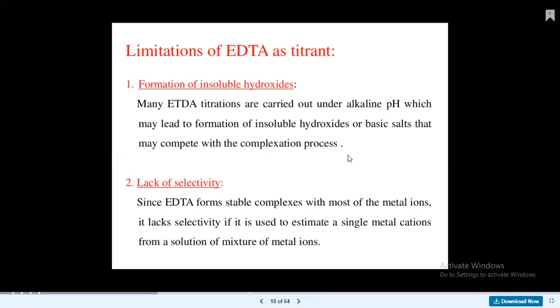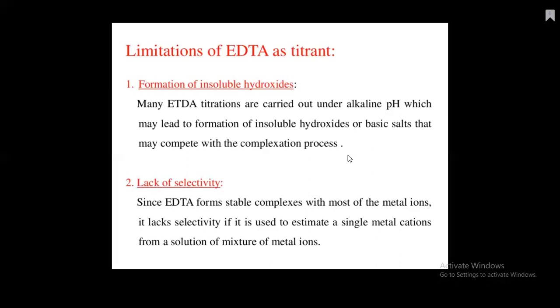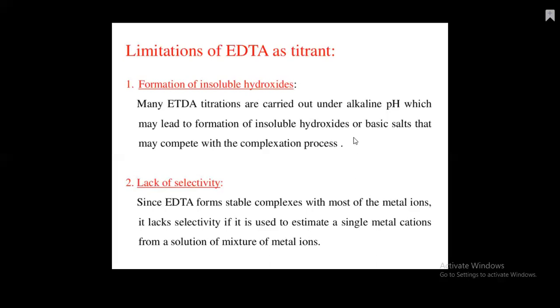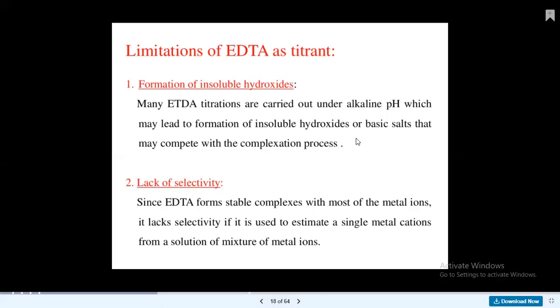And this ammonia is also used as an auxiliary agent. It also masks the metal ions and covers the metal ions. Ammonia masks the metal ions and prevents the formation of metal hydroxides.